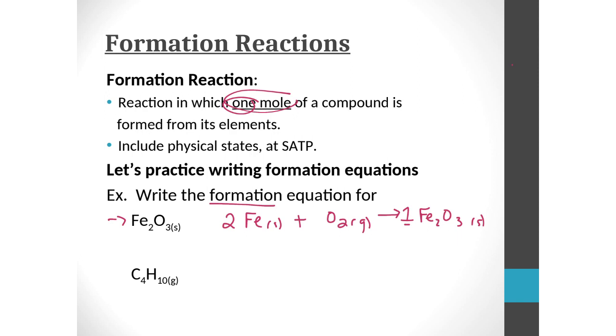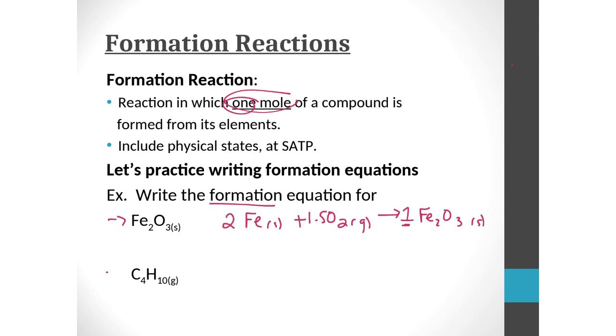But in order to get 3 moles of oxygen over here, I can use a fraction of 1.5, and 1.5 times 2 gives me 3. So sometimes we do use fractions. We don't like them in chemistry, but every once in a while we will, in order to maintain, as we do here, 1 mole of Fe2O3.